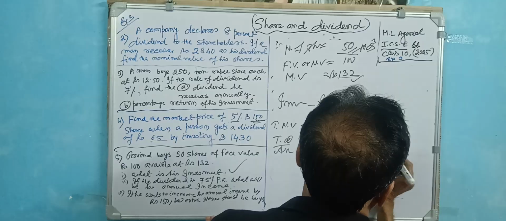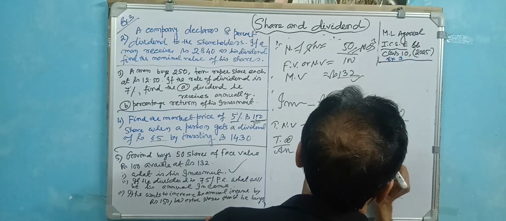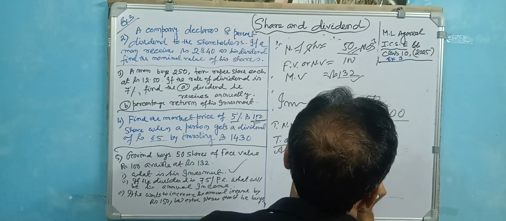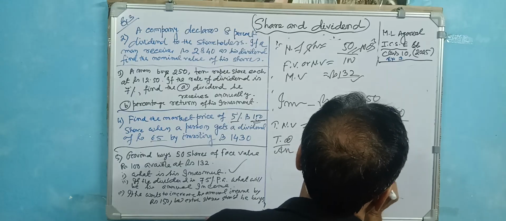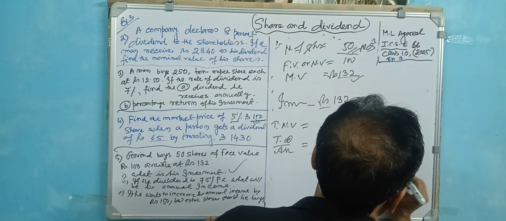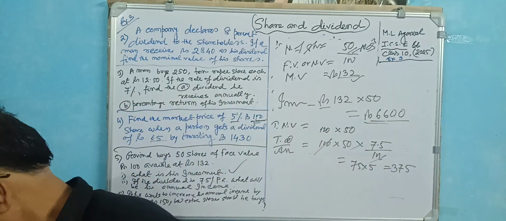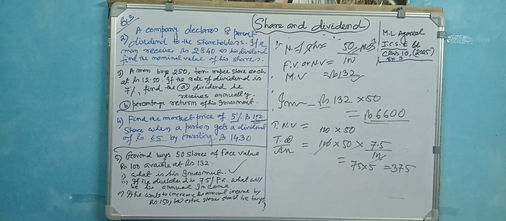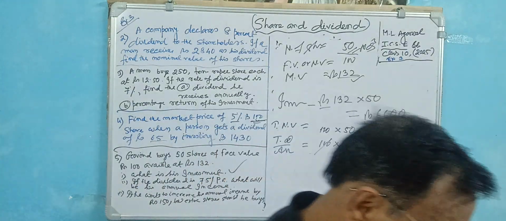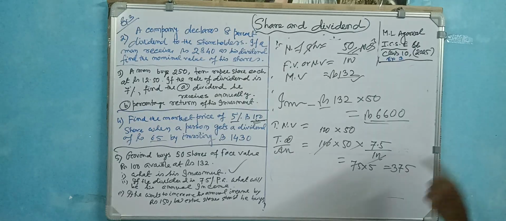This is 75 into 5, this is 375. Very easy calculation. 375 is the total dividend.